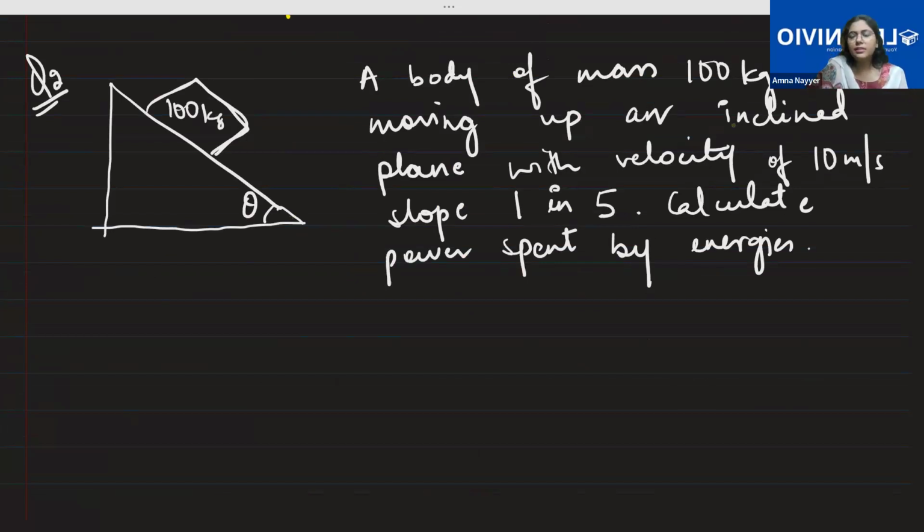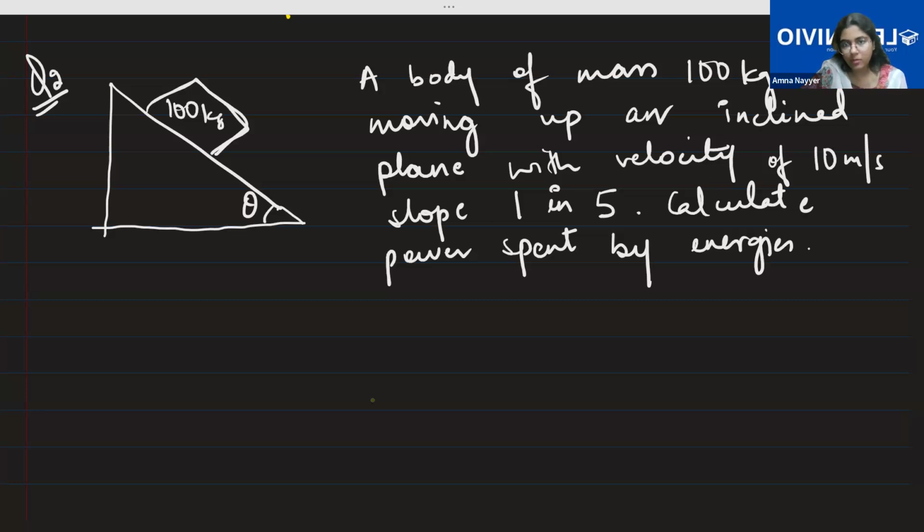This says a body of mass 100 kg is moving up an inclined plane with a velocity of 10 meter per second, slope 1 in 5. Sanidhi, what is meant by slope 1 in 5? Which trigonometric ratio was it related to?